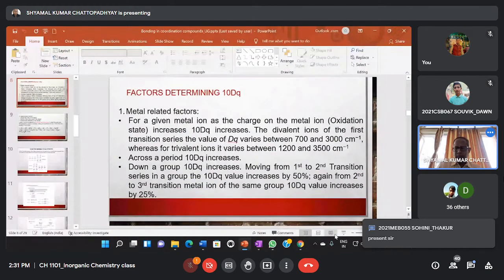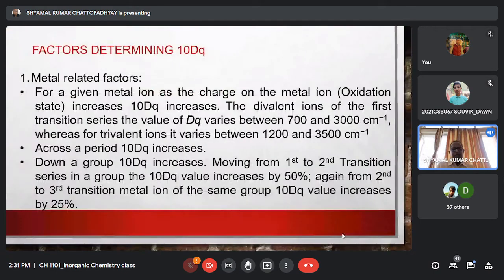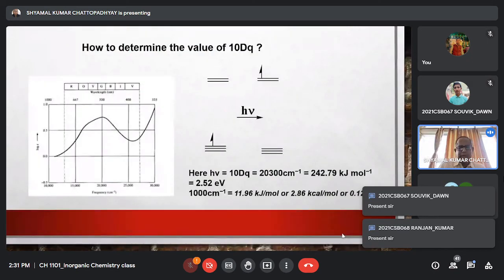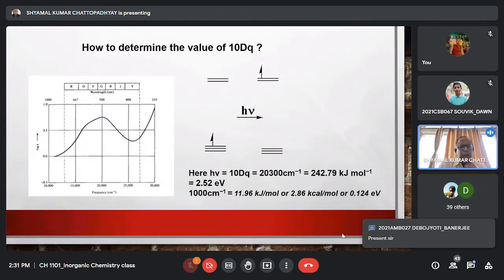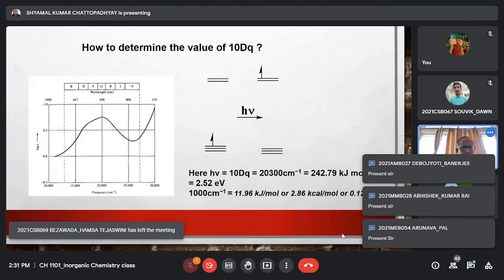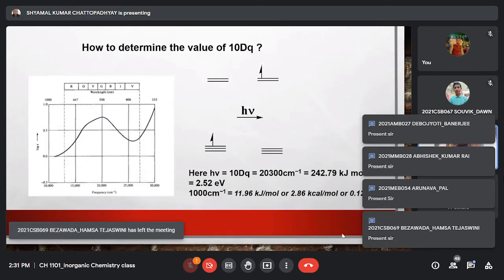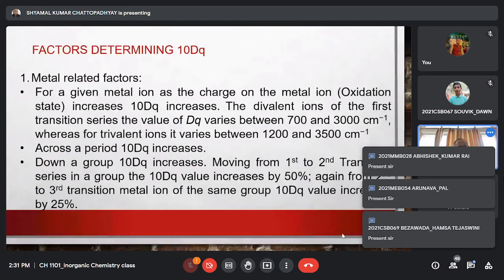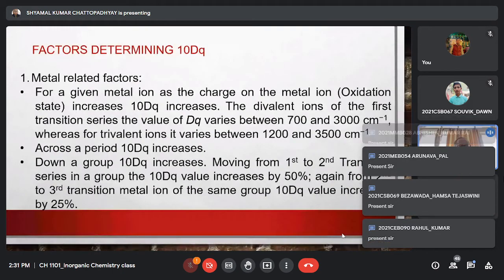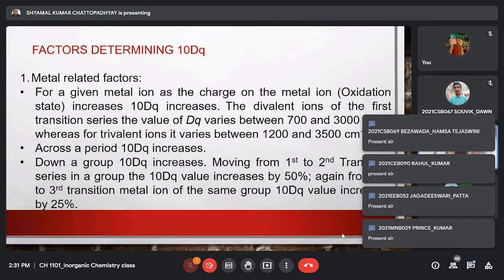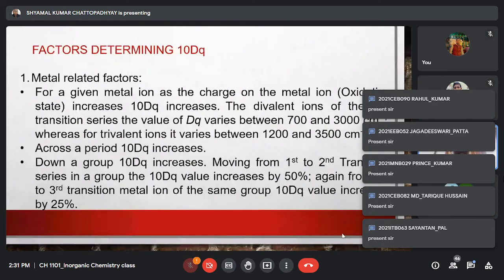So we were discussing crystal field theory. After a brief introduction about the crystal field splitting, and then about how to evaluate the 10 Dq value, that is the crystal field splitting, through spectroscopic methods, we have arrived at the point where we are discussing the factors which determine the crystal field splitting.